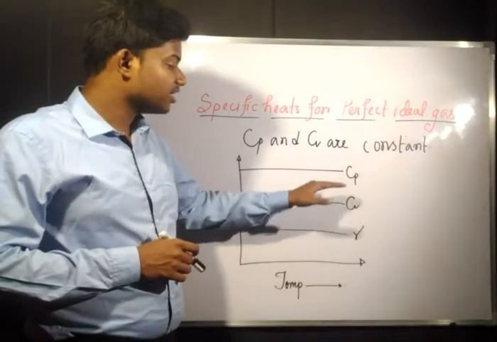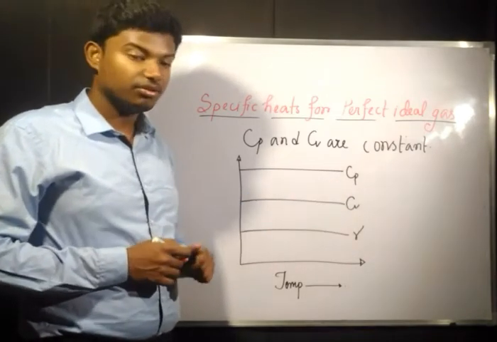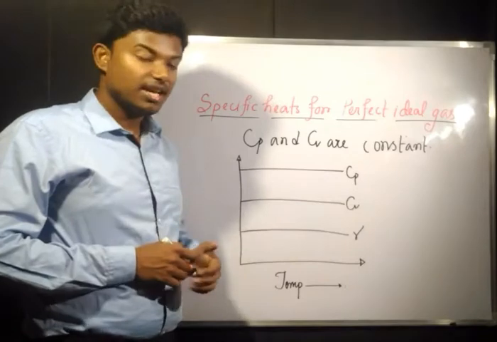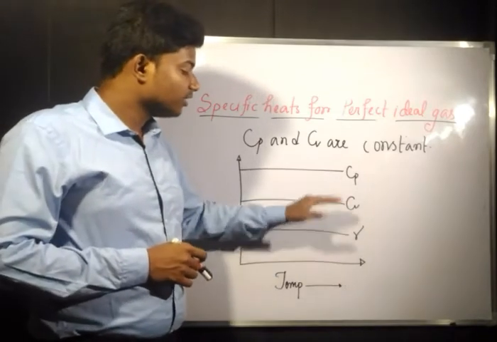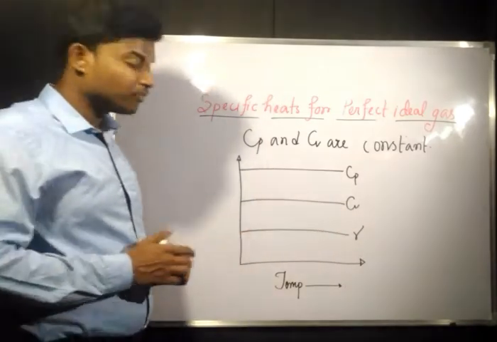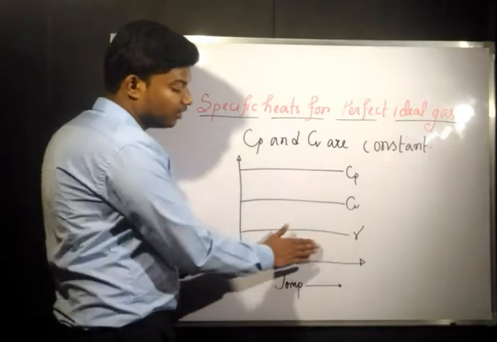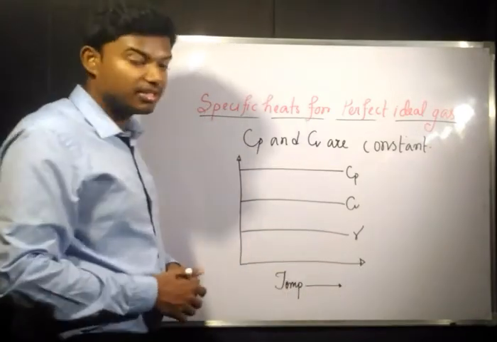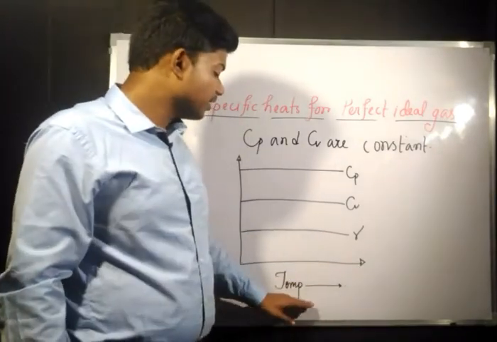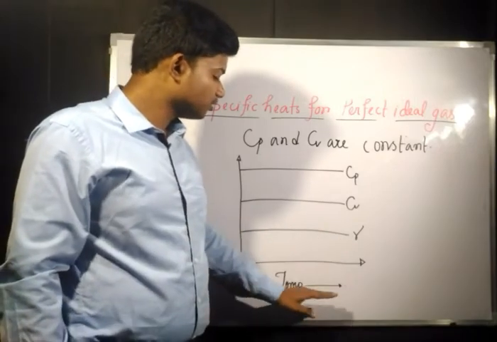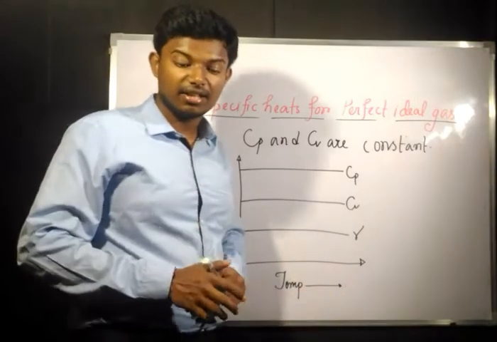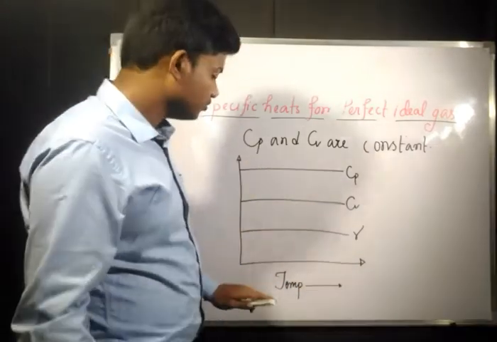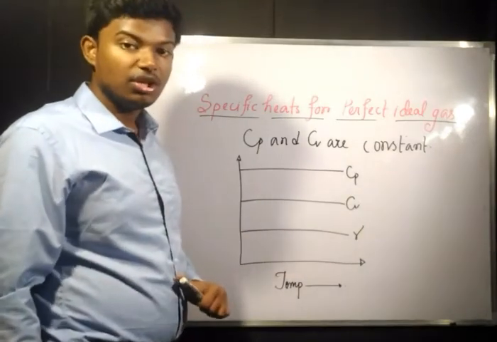Since gamma is the ratio of these two constant values, Cp to Cv, gamma is also going to have a constant value with the rise of temperature.